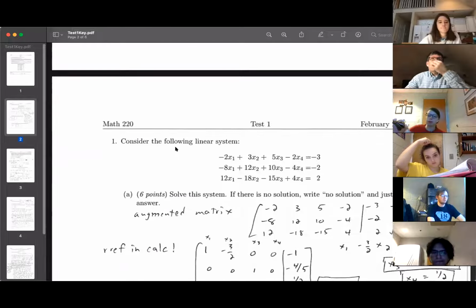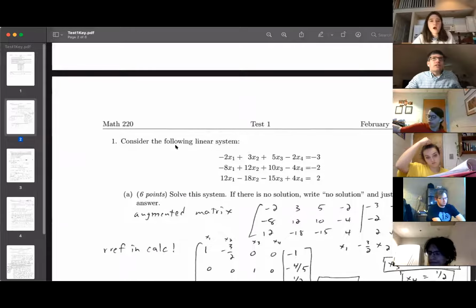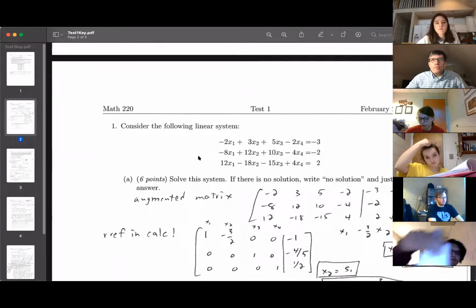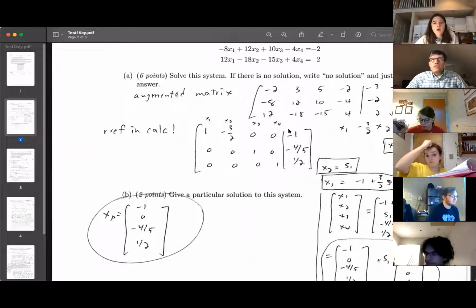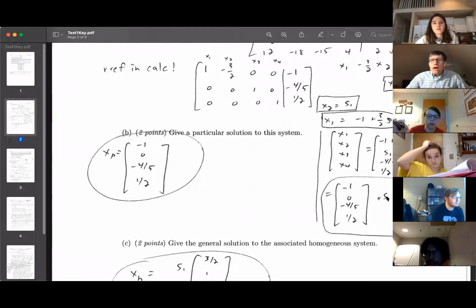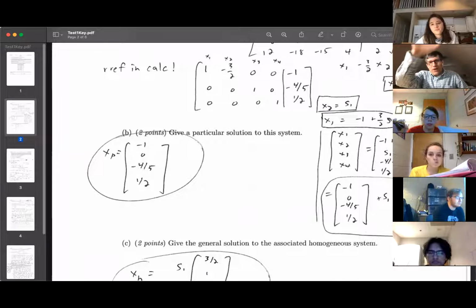If you notice, it says, consider the following linear system, solve this system. So the solution is written there, and I've circled the answer. It extends over to the right. Does that make sense so far, Laura? In parts B and C, it says give a particular solution to this system and give the general solution to the associated homogeneous system.